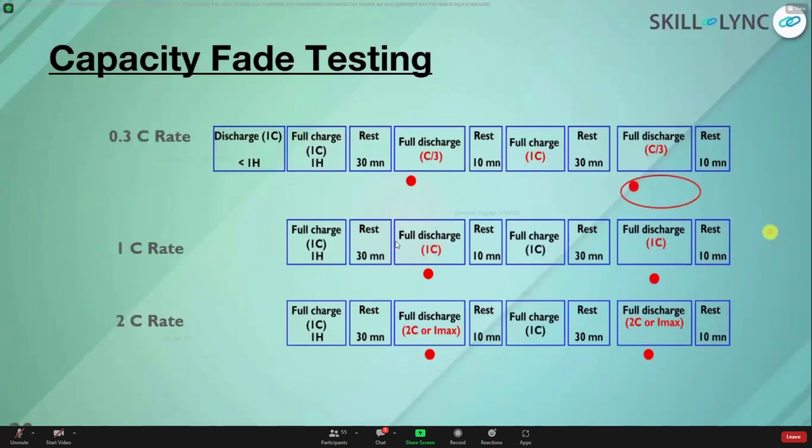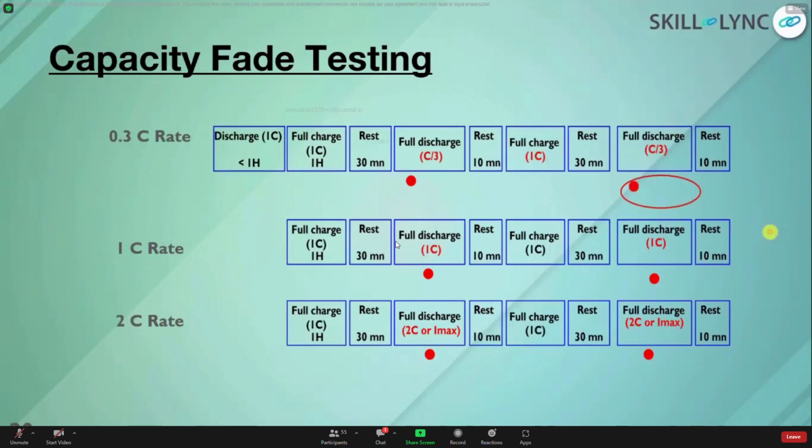The first step discharge rate is 0.3C. We're going to discharge the battery pack at 0.3C, and once it is completely done, we're going to fully charge the battery pack. When it is fully charged, we give a rest for 30 minutes. We are not going to do anything to the battery pack; when it is in rest, it's idle.